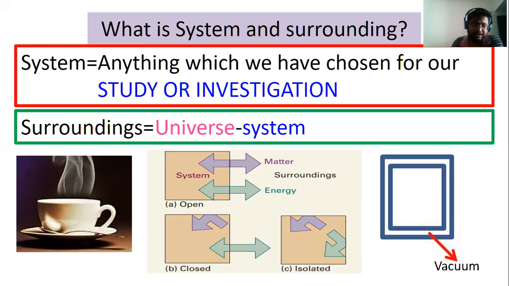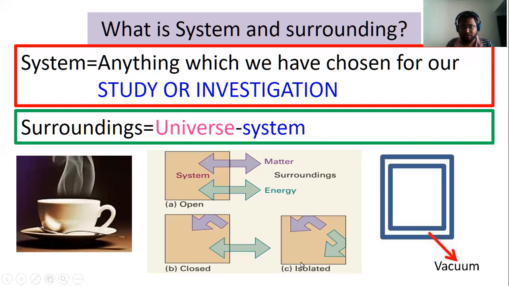But if the bottle contains hot water, at some point it will cool down. That means you can transfer heat energy. At the same time, you are not allowing any water molecule to escape from the bottle or be transferred into the bottle. So this is the closed system.